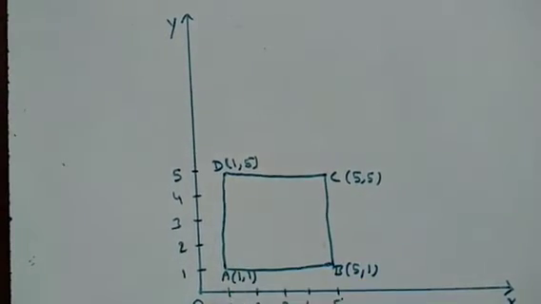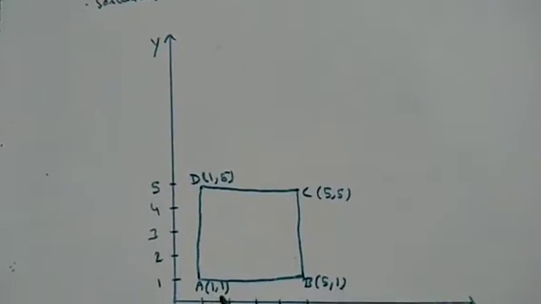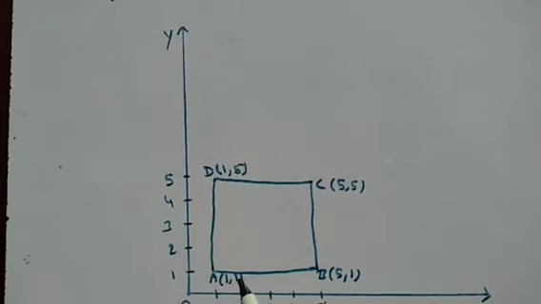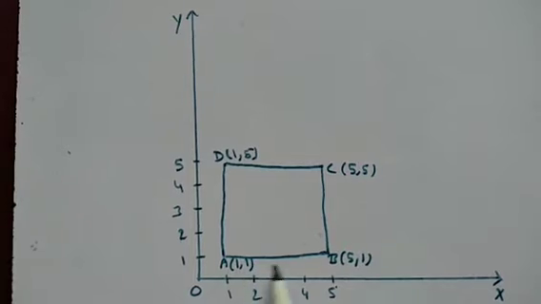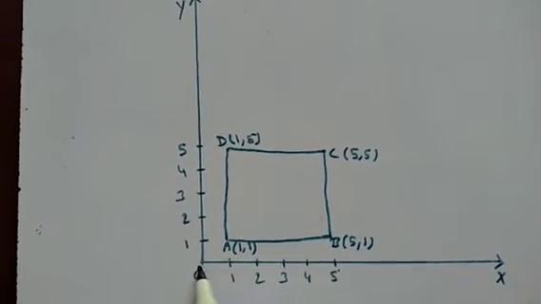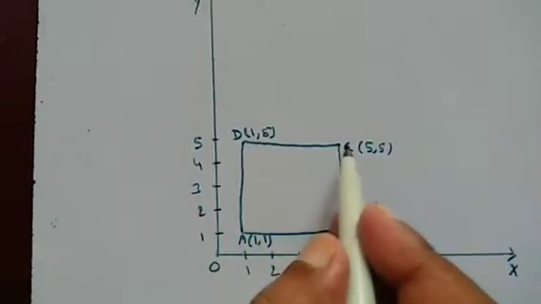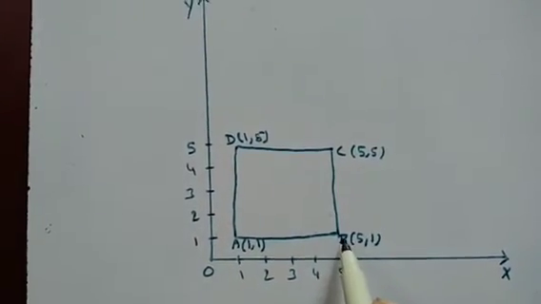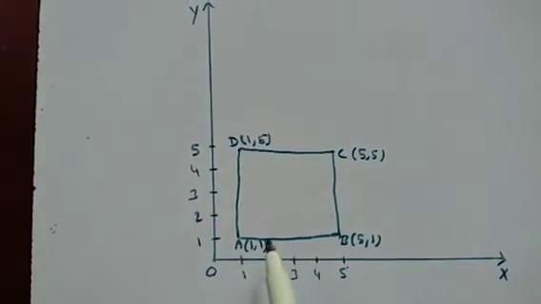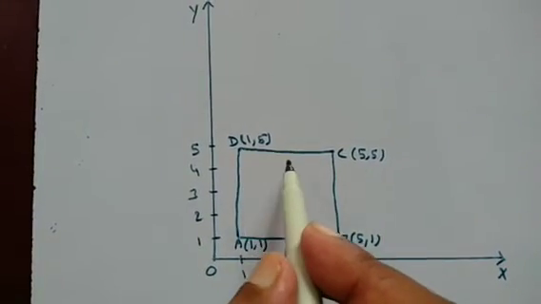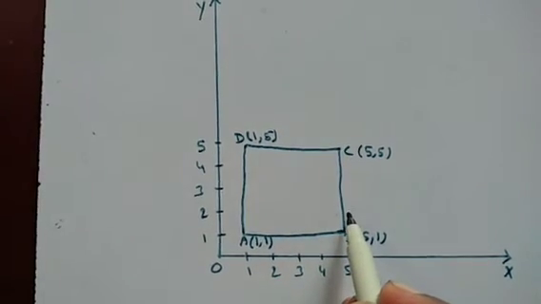In question A, it asks what figure do you get? Children, clearly we can say that this figure is a square, because AB equals 5 minus 1 equals 4, and BC is equal to 5 minus 1, 4, and CD equals AB equals 4 units and DA equals BC equals 4 units.